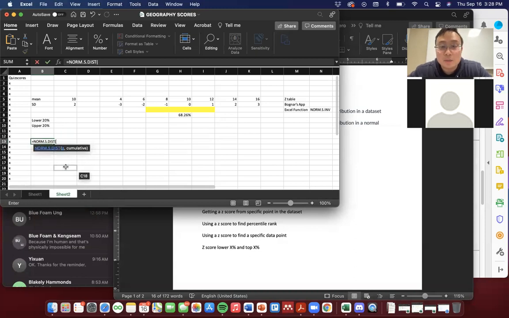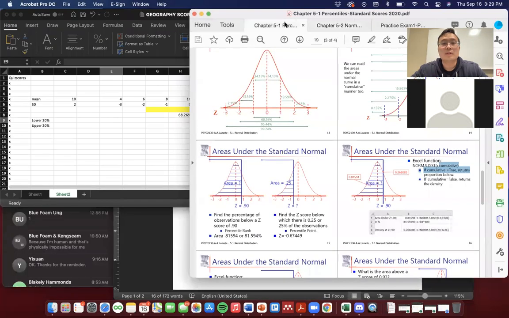You put the z, you put true for cumulative, and it'll tell you the... wait up. Let's do it first before anything. Oh, to calculate the z-score for lower 20%, what we do is we would use this function.